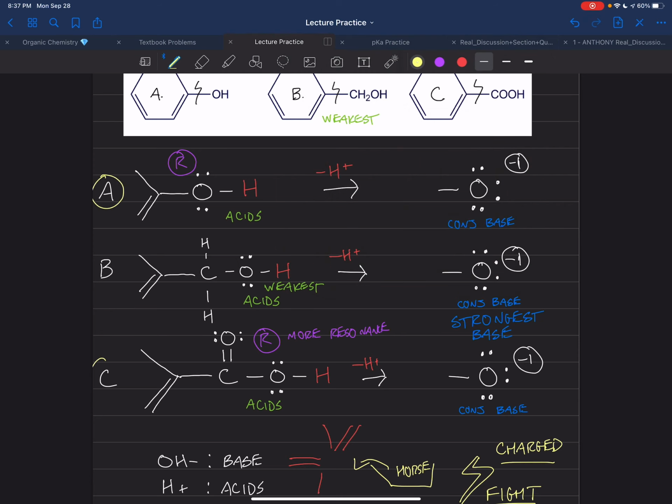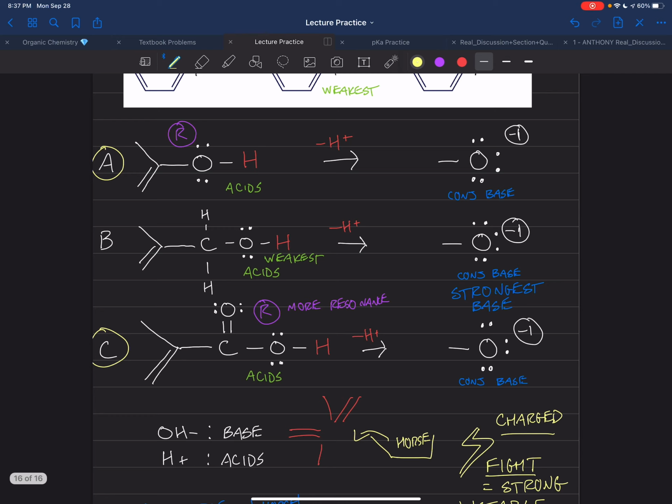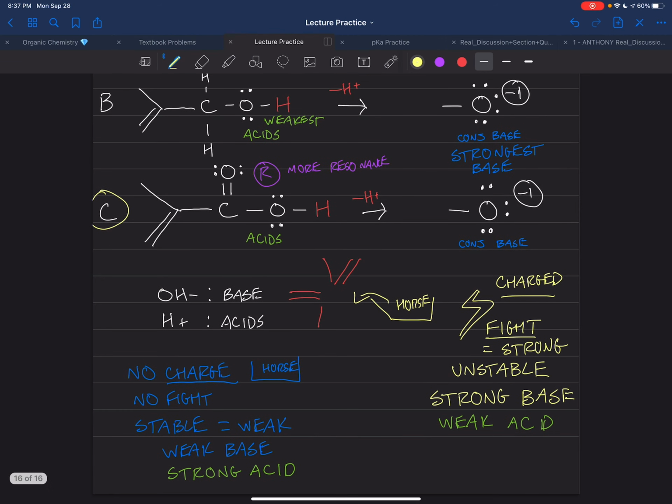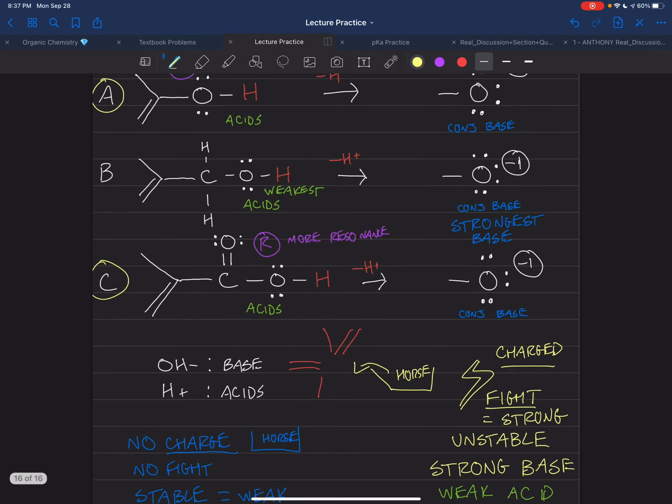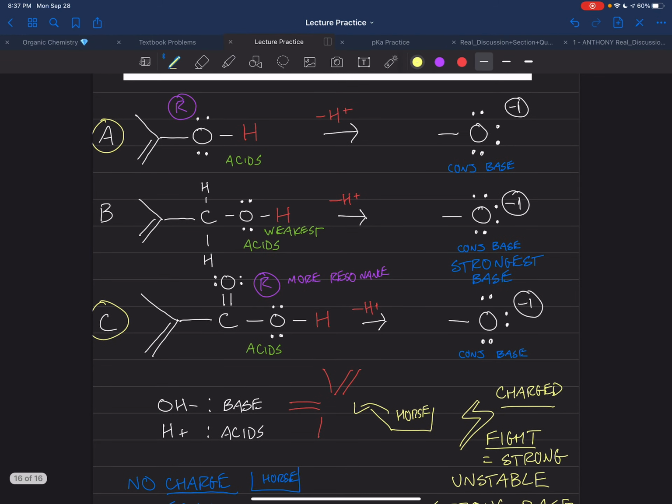Now, I already think that because C has more roadblocks, it's going to be stable even more. So it's unstable, it's going to be a weaker base because it has more barriers to walk through.